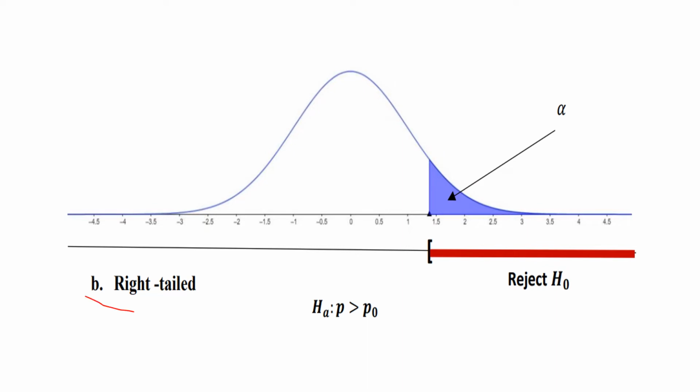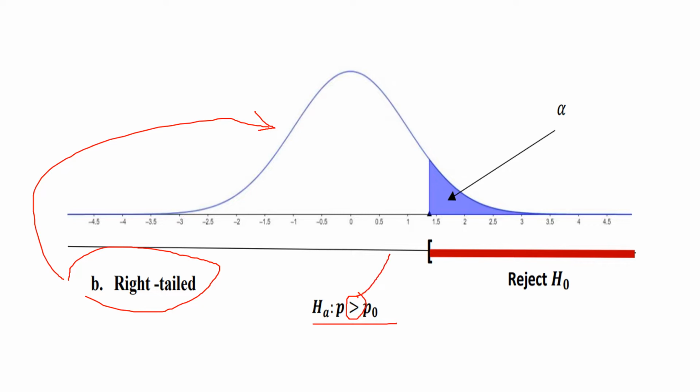Now, for the right-tailed, we simply use this figure. As you can see in your alternative hypothesis, we use the greater than symbol here, that your p is greater than your p0. This greater than will represent this shaded region. It means the area that we're going to subject in this hypothesis test is on the right side of your normal curve, or the positive side of your normal curve.